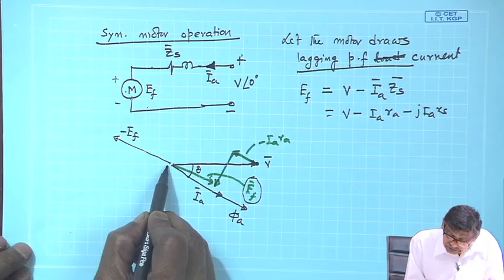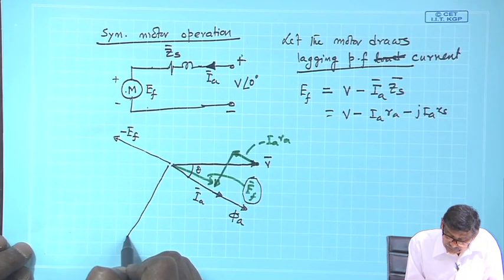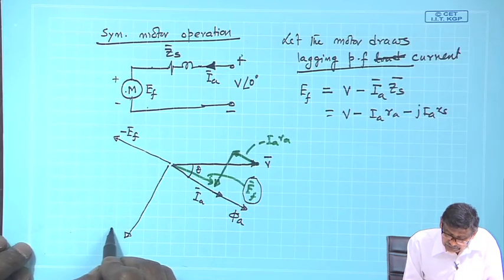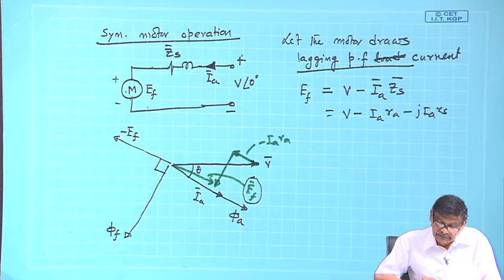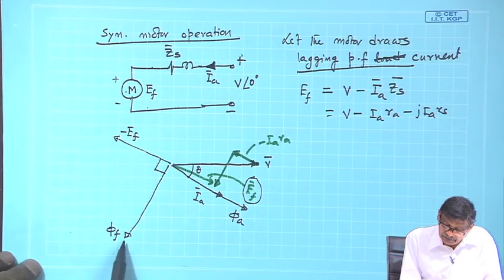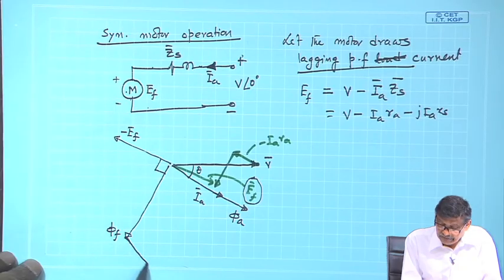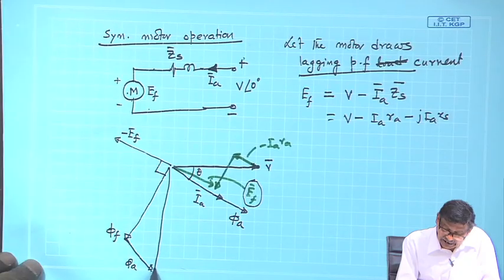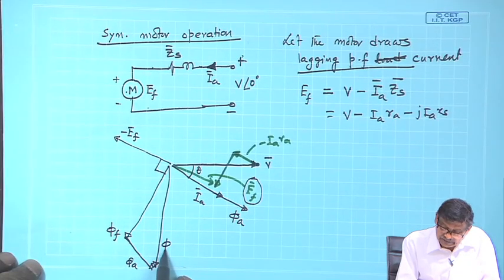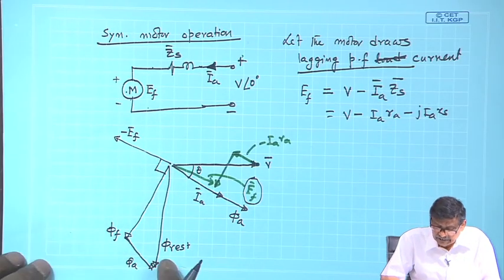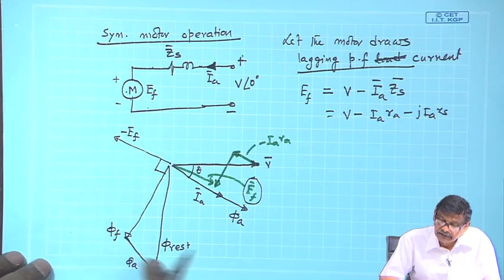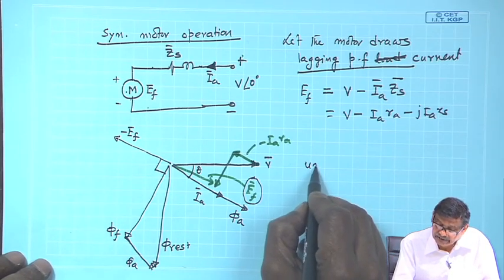And then I know this is phi f, 90 degrees lagging the induced voltage, and then phi a plus phi f will give you the resultant or net EMF phi r. This r is not rotor, it is resultant. So, here also I find that phi resultant is more than phi f, therefore, it is under excited.